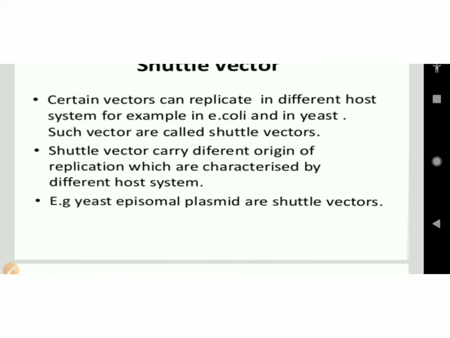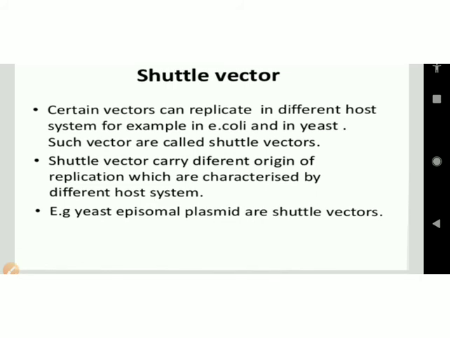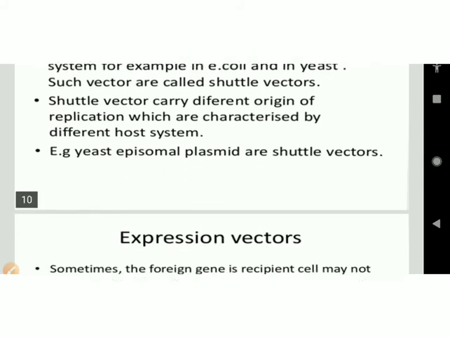An example of the shuttle vector is the episomal plasmid. So this is important, and please remember that shuttle vectors are mostly asked as definition type questions. So remember shuttle vectors.